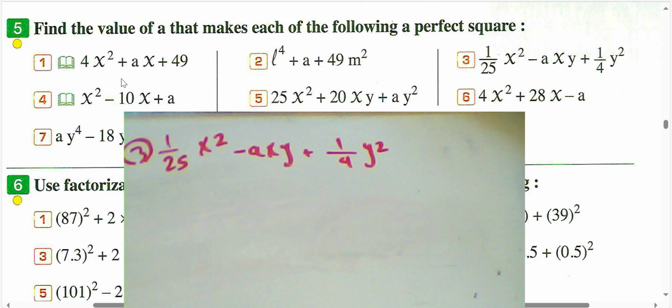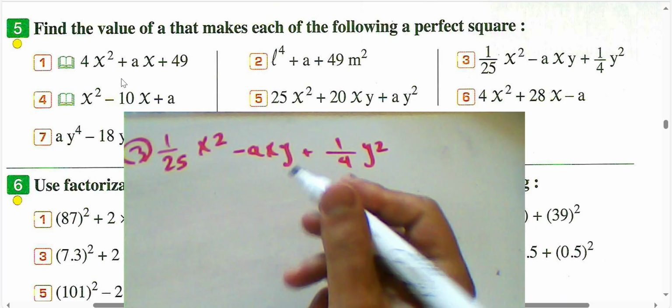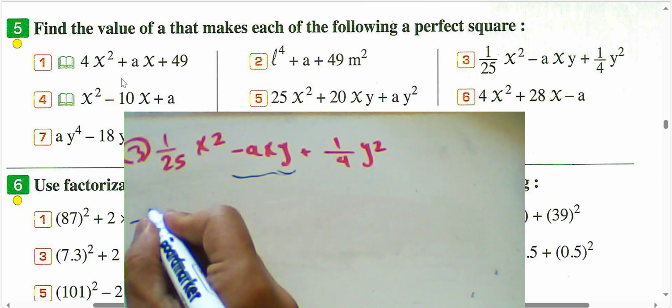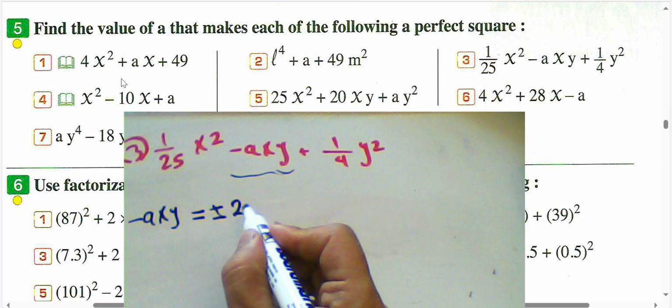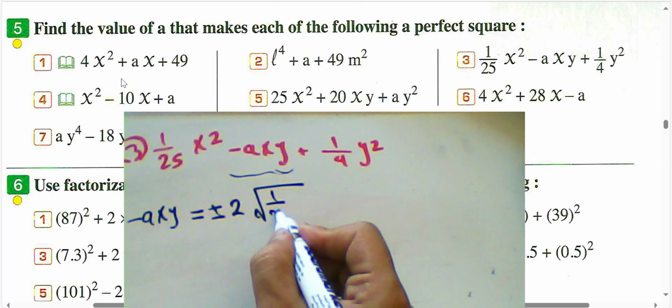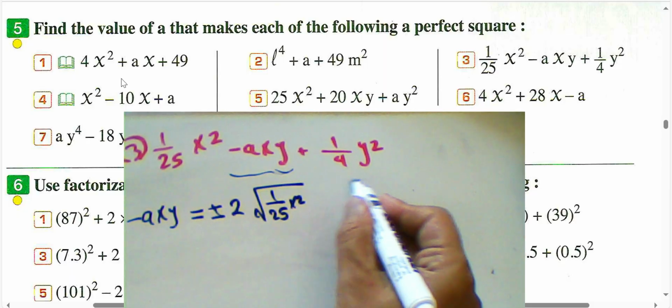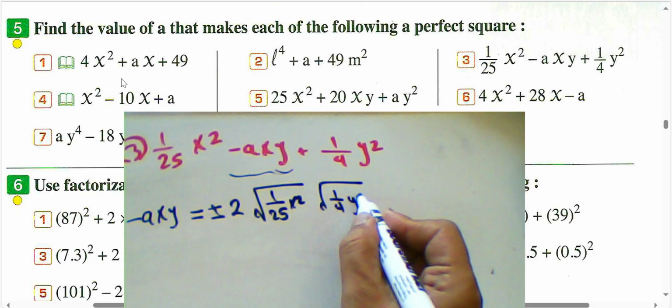This expression is also a perfect square. Then we have the middle term, negative axy, equal to positive or negative 2 times the square root of the first times the square root of the third.